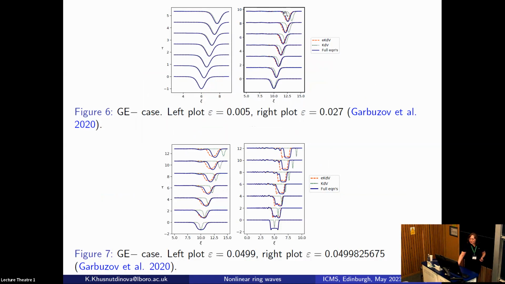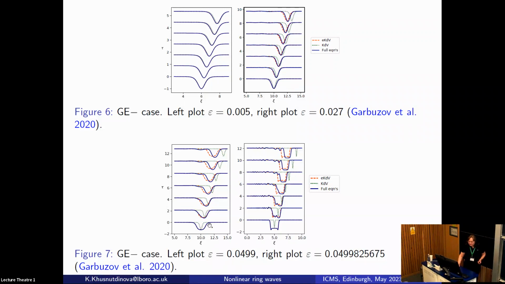So the KdV is the green curve, and we see that KdV solitons are now a bit narrower. The red curve is essentially on top of the blue for a long time. Yeah, so if this is extended KdV, we further increase epsilon and now come close to the so-called limiting value, which corresponds to the tabletop solitons, which exist in the Gardner minus case.